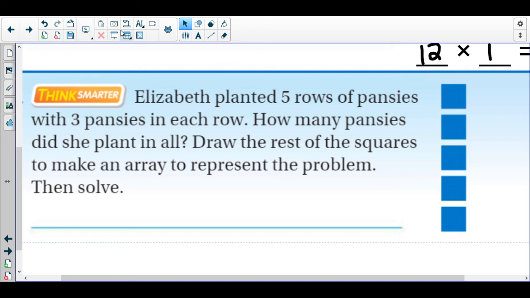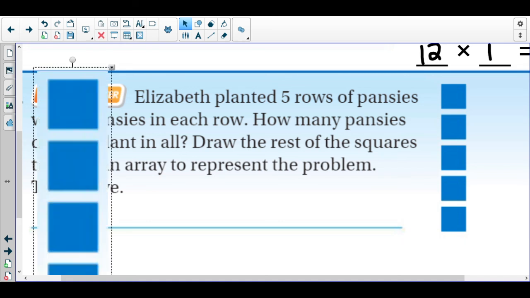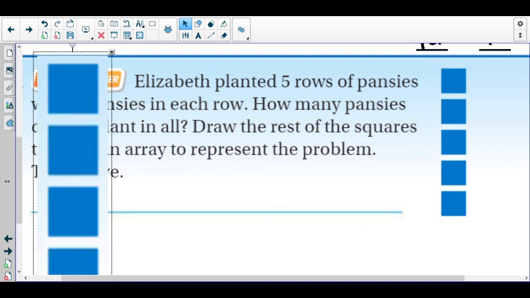So let's see if I can't do this. Can I do something like this? Ooh, but that's really big.